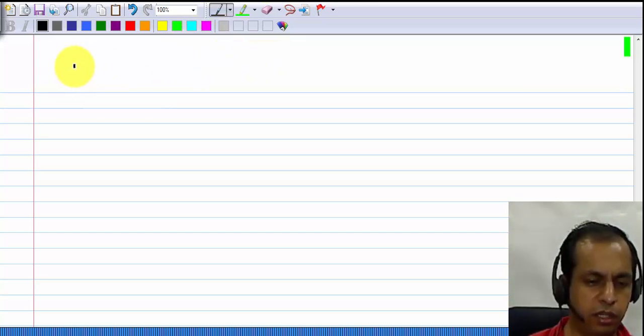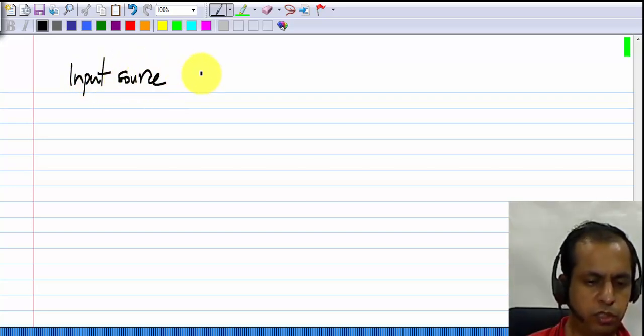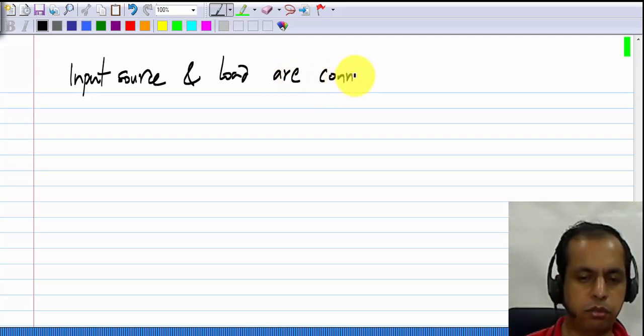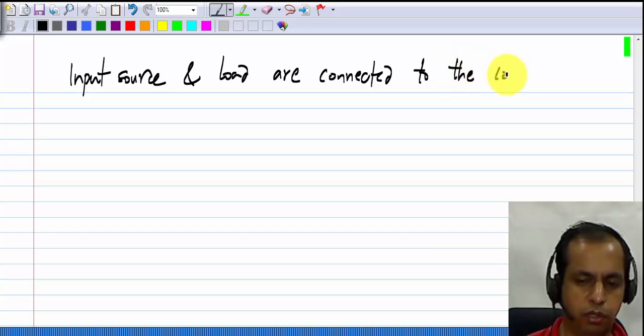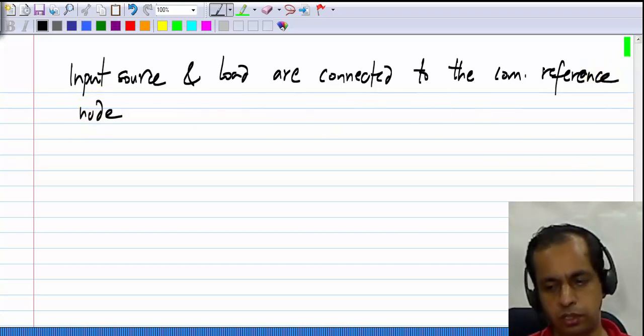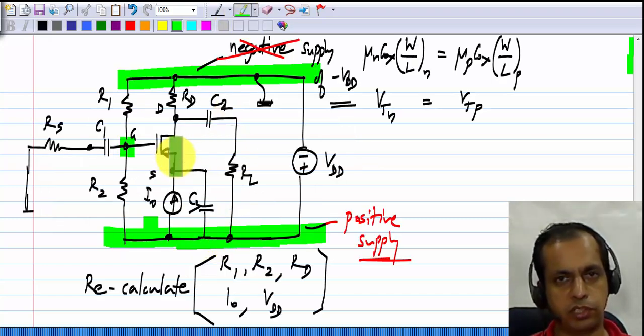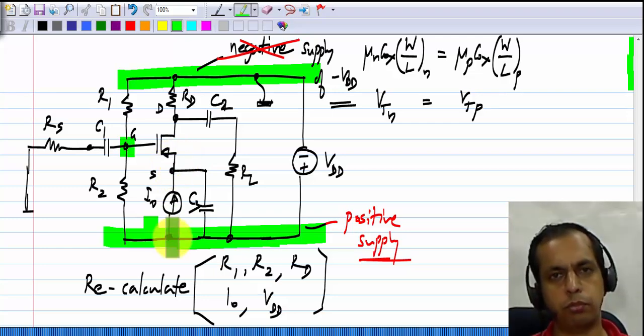Then finally, usually the input source and the load are connected to the common reference node. Okay, and this has to be changed, because first when you come up with the circuit, you see that this RL is returning to this side, which is to the side which has the source of the MOS transistor.